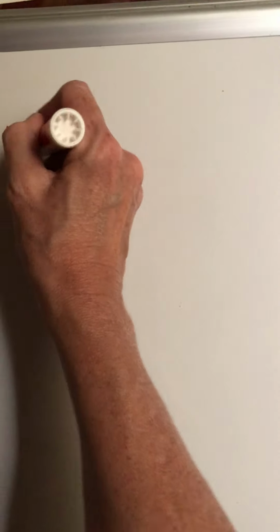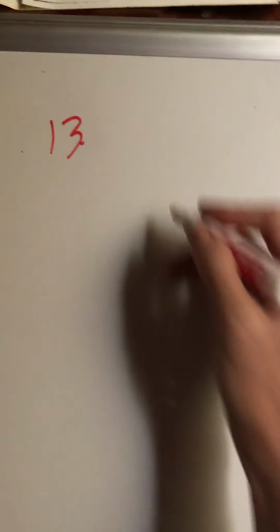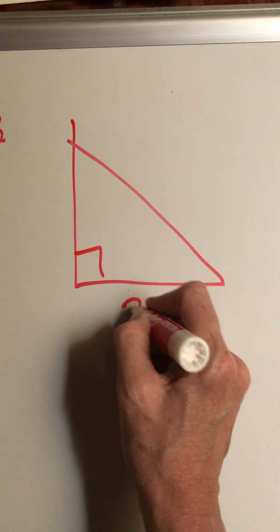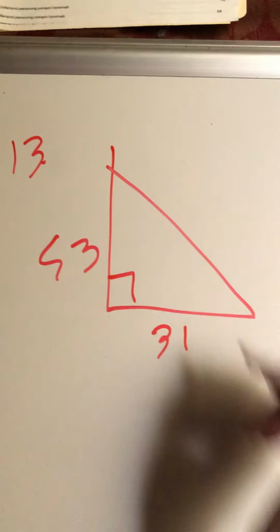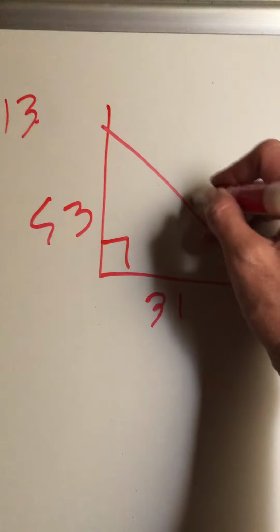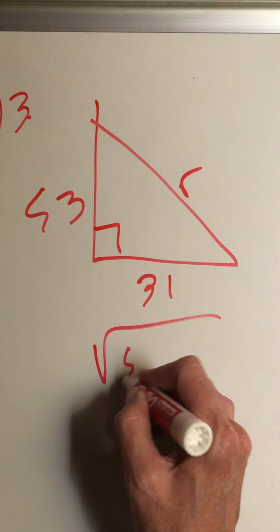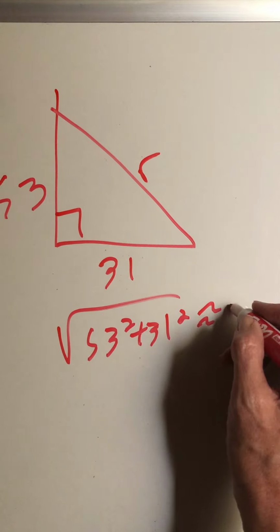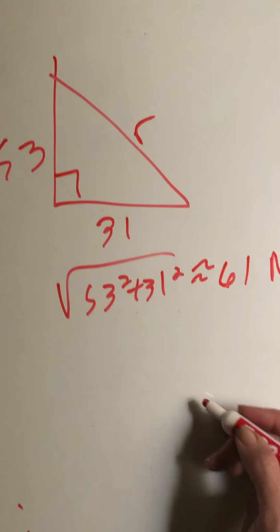Then number 13, we have two forces, 31 newtons and 53 newtons, acting on an object at right angles. Find the magnitude. So that's the square root of 53 squared plus 31 squared, which gives about 61 newtons.